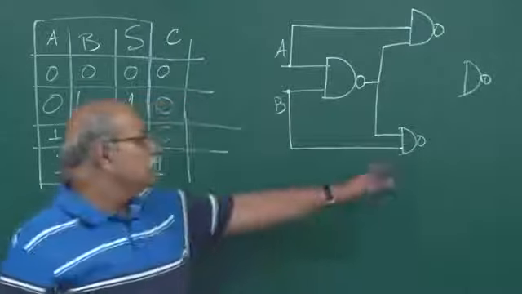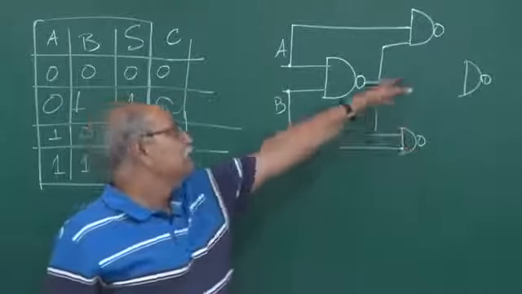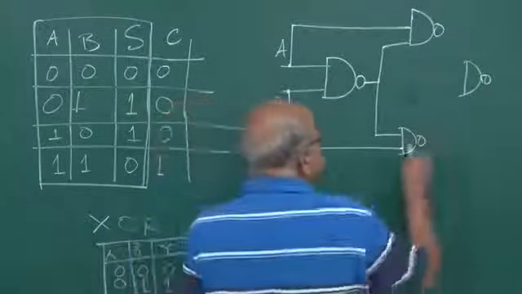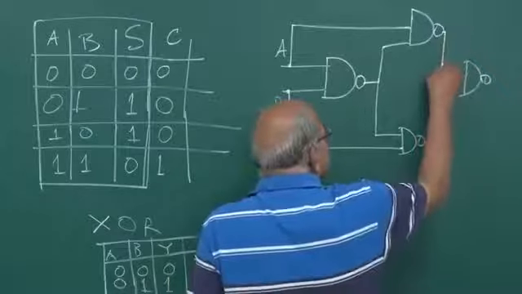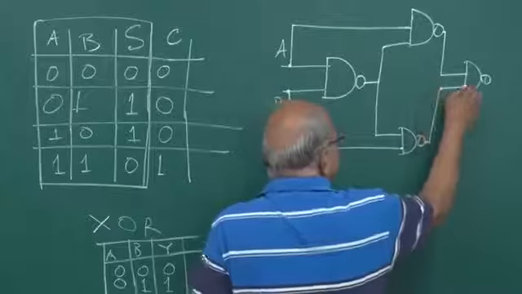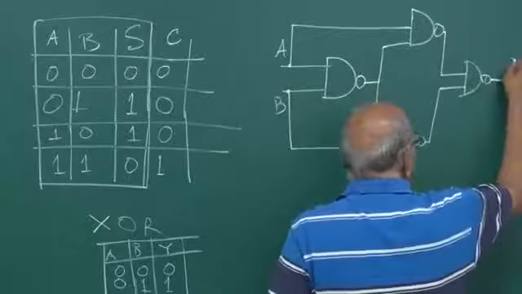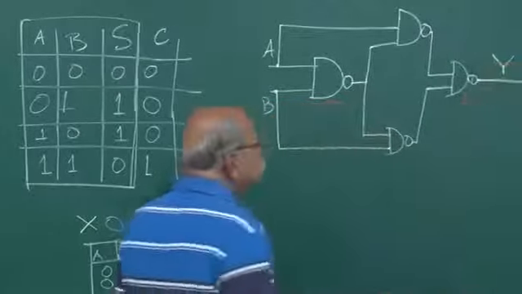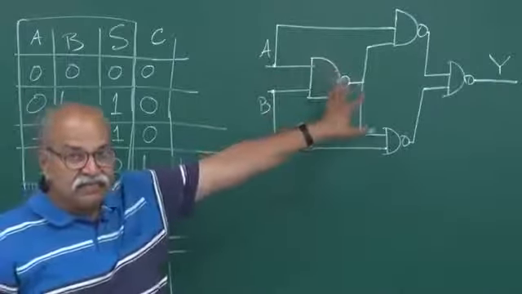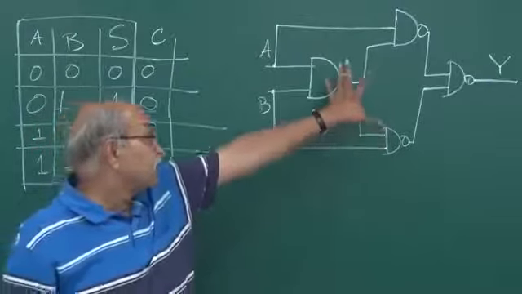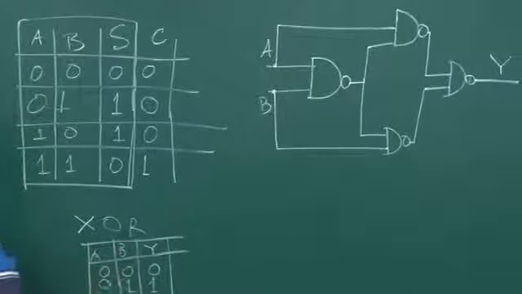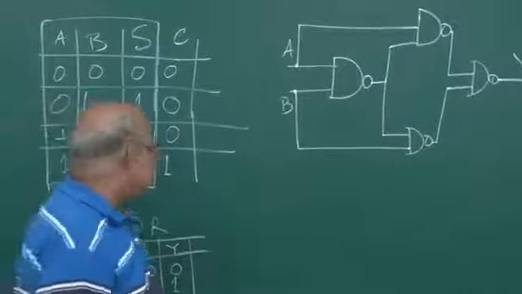So these are the 2 inputs for this NAND gate, these are the 2 inputs for this NAND gate, and then these 2 outputs go here. And this is your final output Y. This is how 4 NAND gates are connected in a circuit so that you have exclusive OR coming out. So let's check.